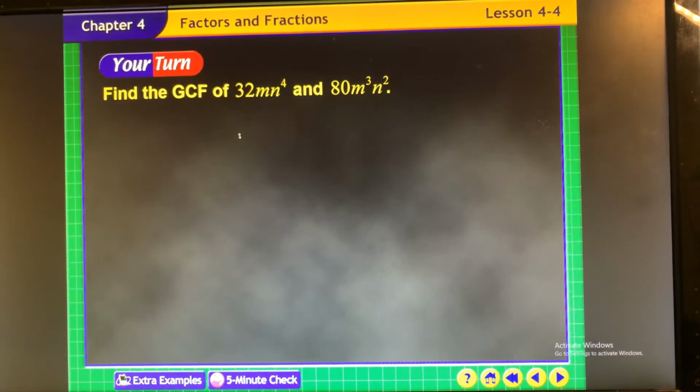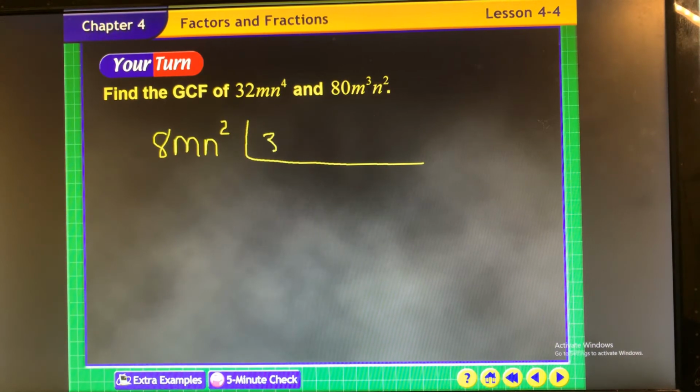So do it again. So when you're looking at this, you know that you could take out an m, and you know that you can take out an n squared. Of 32 and 80, you can take out an 8, right?